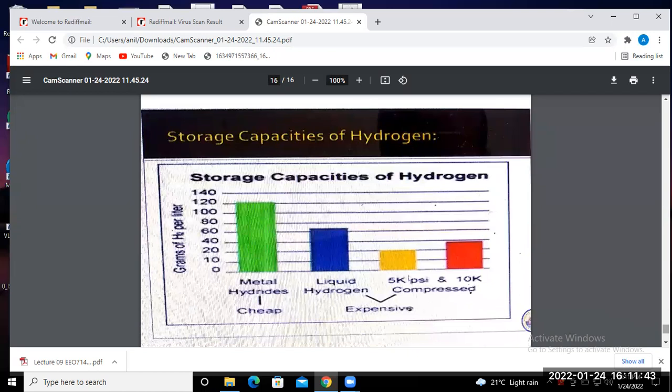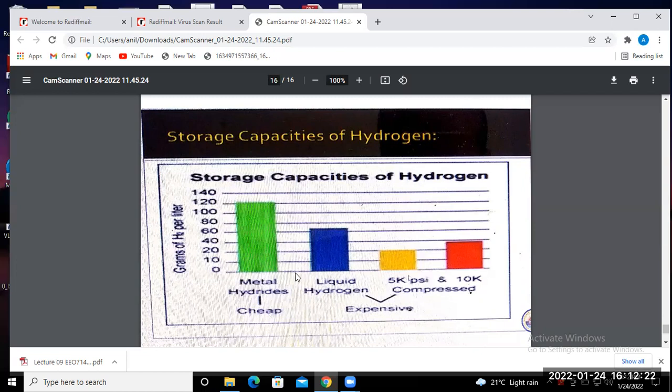This is a comparison of the various types of hydrogen storage: metal hydride, liquid hydrogen and compressed gas, against temperature. Liquid and compressed gas forms are at low Kelvin temperatures, and this one is the metal form.